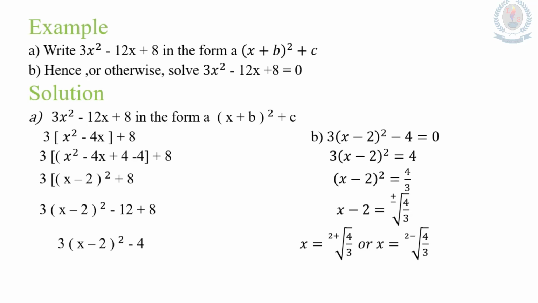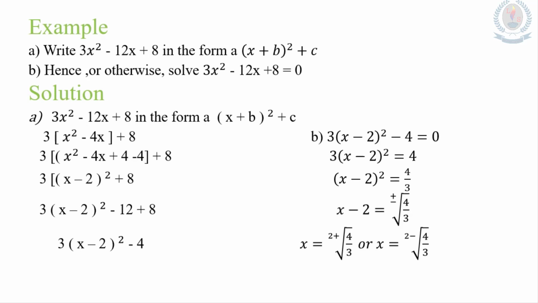Now check part B. You have to find solutions, no? That answer you can take again as 3(x minus 2) square minus 4 equals 0. When you are finding solutions, that answer equals 0. Now 3(x minus 2) square you can keep on the same side, 4 send to the other side. Then 3 can also be sent to the other side as division. Then (x minus 2) bracket is square, other side 4 over 3.